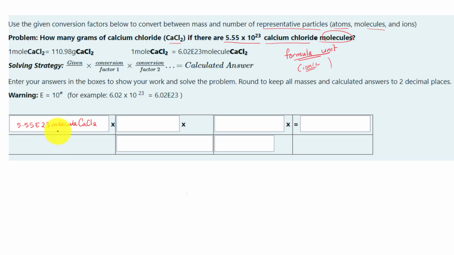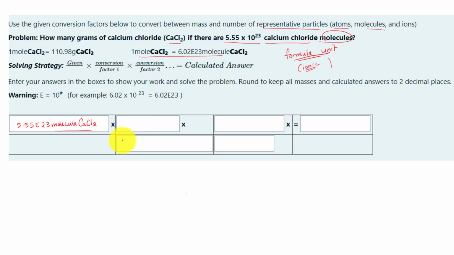Now, look at this. We have molecules, so we have to multiply by a conversion factor to convert to mole. How do I know I want to convert to mole? Later on, you will learn that mole is the centralized unit that connects to every single unit out there. That's our next lesson. But we can see our conversion factor right here. We have molecules and mole that allow us to cancel out the molecules.